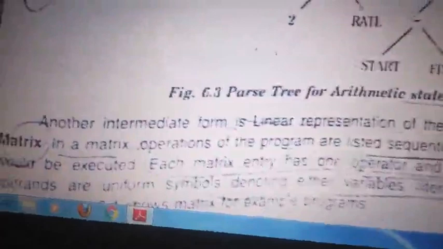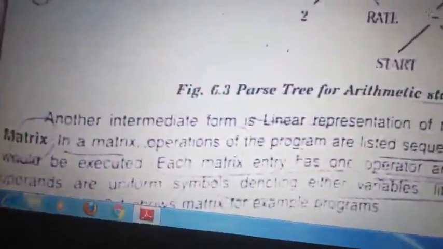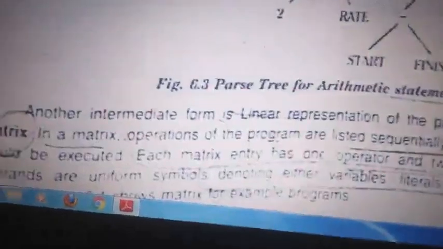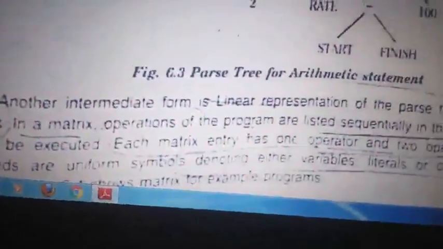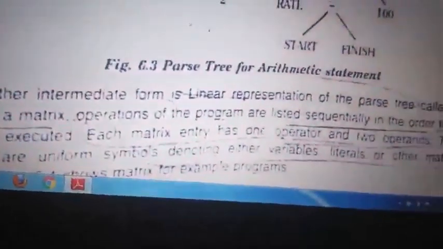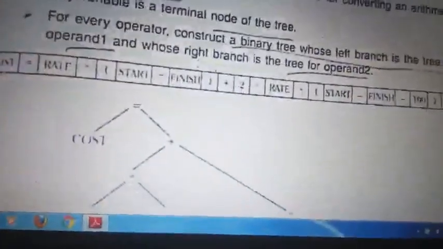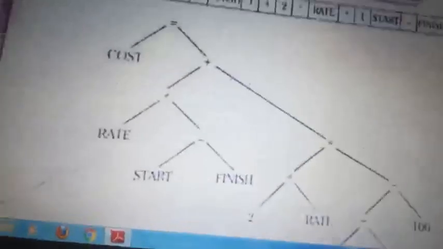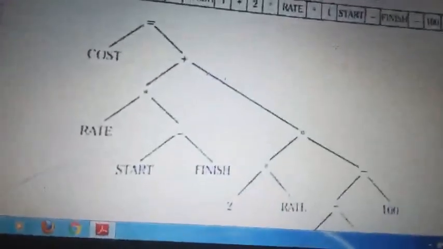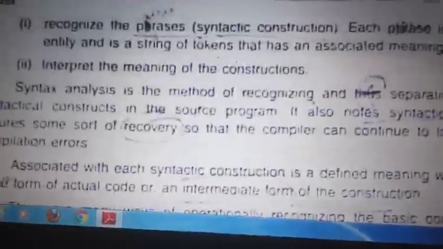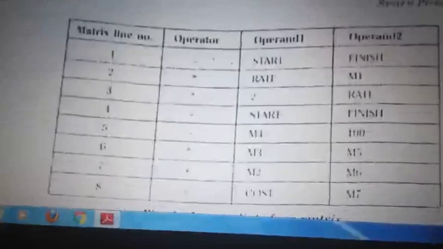The non-arithmetic statement representation of an intermediate form is a linear representation of a parse tree. If your intermediate code is in the parse tree order, then it is called arithmetic statement. If it is in a linear order, then it is called non-arithmetic statements.